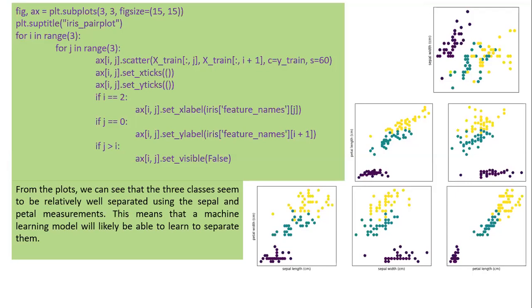From the scatter plot, we can see that the three classes seem to be relatively well separated using the separate petal measurements. This means a machine learning model will likely be able to learn to separate them. So the purpose of this slide is to put your data on a scatter plot and then just look at your plot.